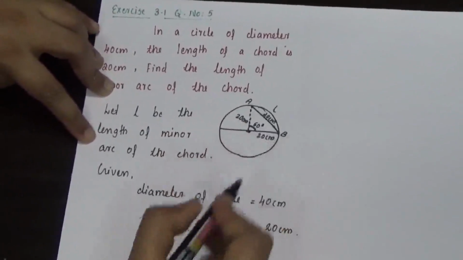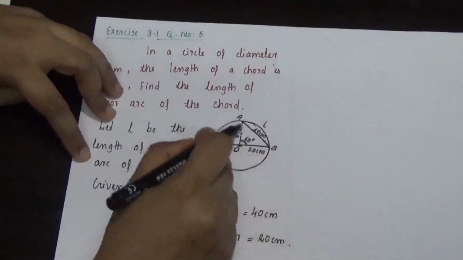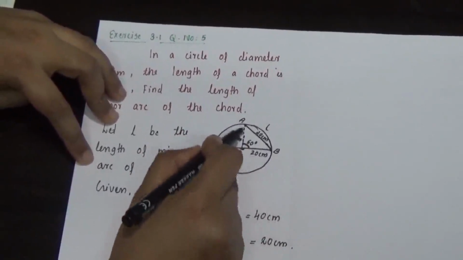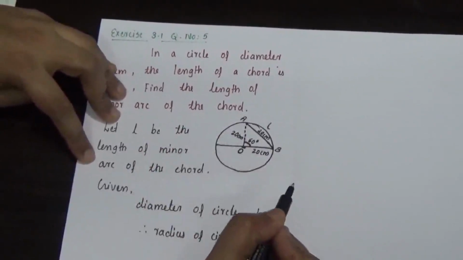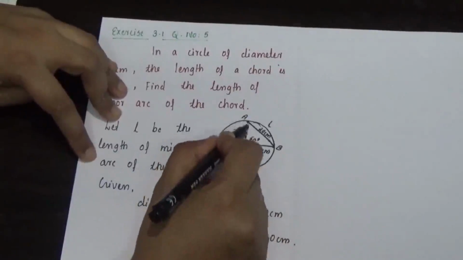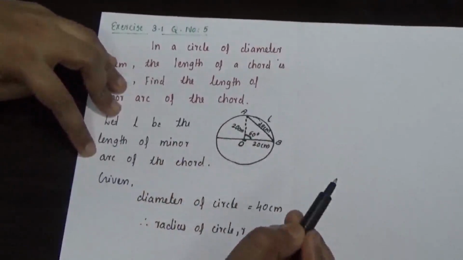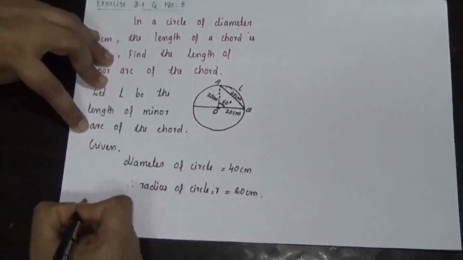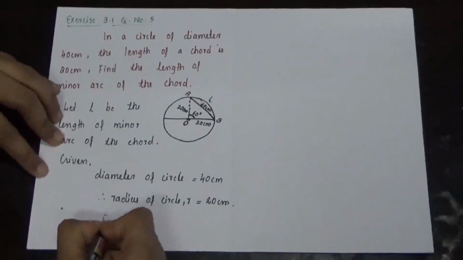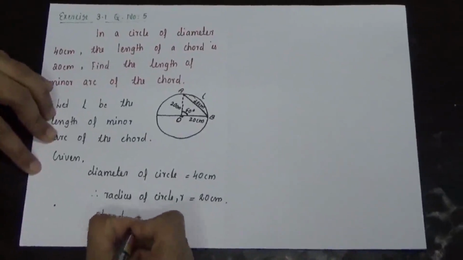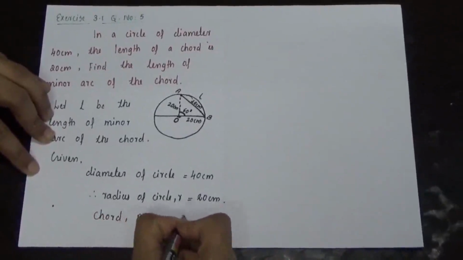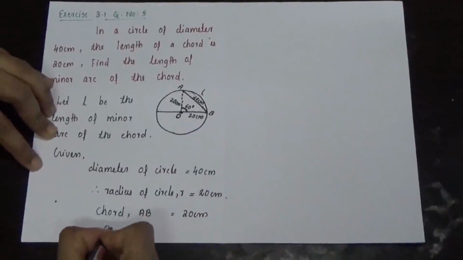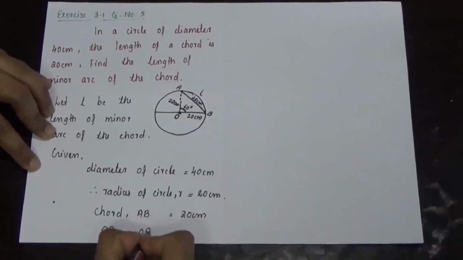Now here you can see that AB is the chord, the given chord. OB and OA are the radii of the circle. Triangle AOB is an equilateral triangle since all sides are equal. So we are given chord AB is equal to 20 centimeter. OA is equal to OB, which is equal to 20 centimeter.